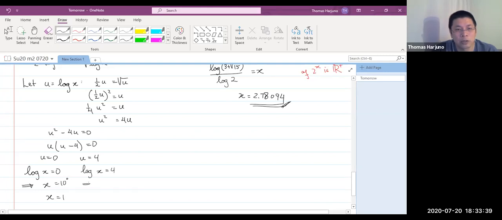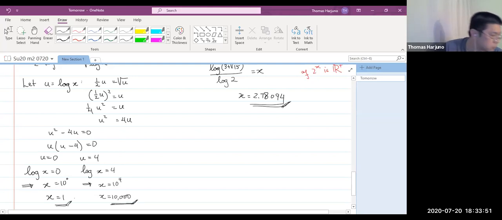In exponential form, x equals 10 to the 4, or 10,000. Okay.